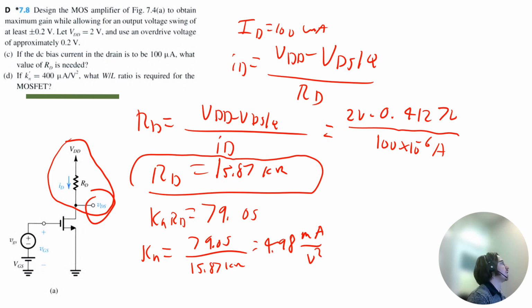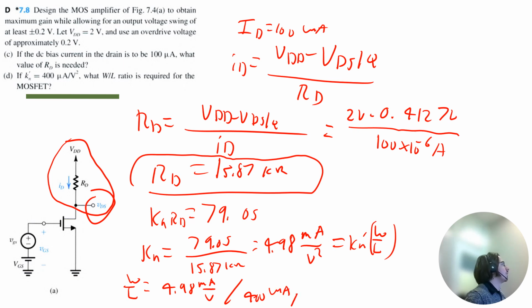And Kn prime is 400 microamps per volt squared, and Kn is just equal to Kn prime times W divided by L. So therefore this ratio is equal to 4.98 milliamp per volt squared divided by 400 microamp per volt squared. That is equal to 12.45. And that completes this problem.